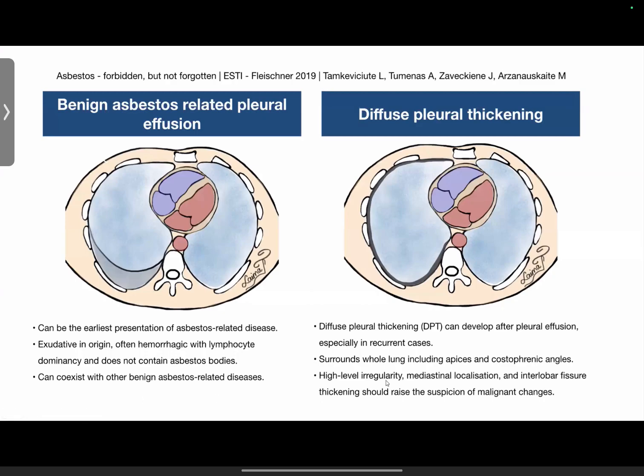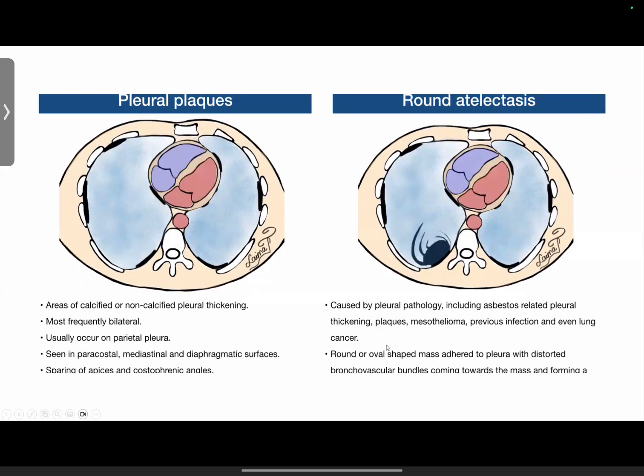It can coexist with benign asbestos-related disease, and diffuse pleural thickening, as you can see here around the perimeter of the right lung. This can develop after pleural effusion, especially in recurrent cases. It surrounds the whole lung, including apices and costophrenic angles. High level irregularity, mediastinal localization, interlobar fissuring, and thickening should raise the suspicion of malignant changes to come.